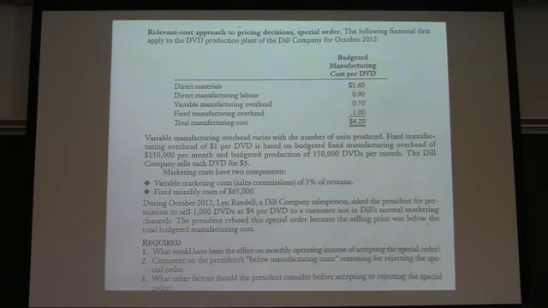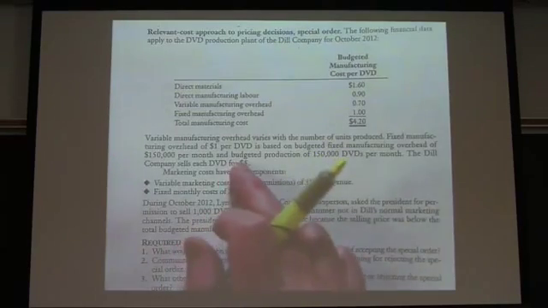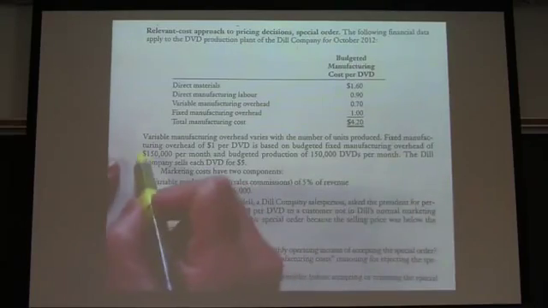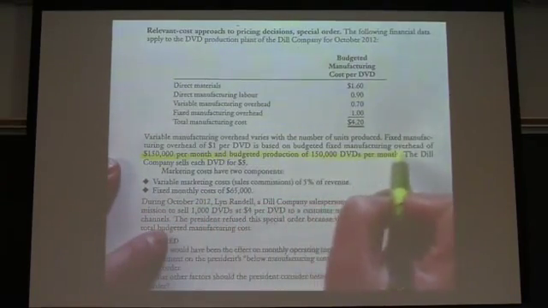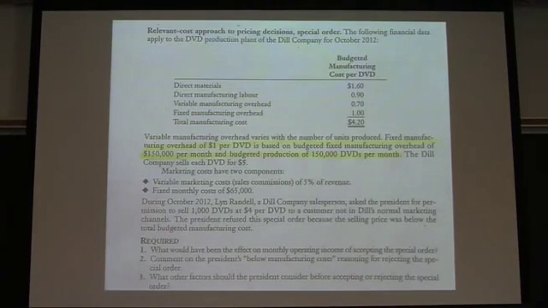Variable overhead varies based on number of units produced. Fixed is $1 per DVD based on the budgeted fixed manufacturing overhead of $150,000 per month. So that's often the case, isn't it?